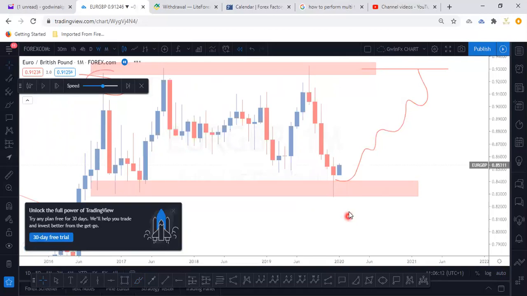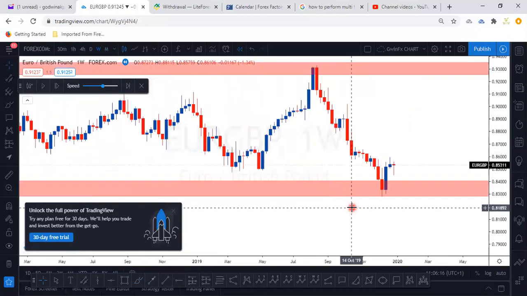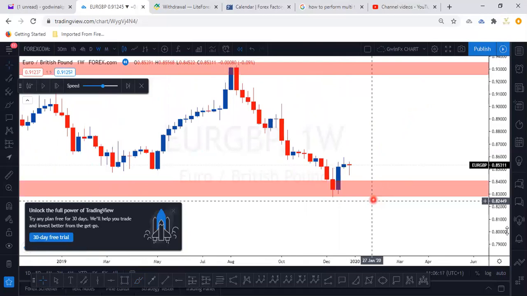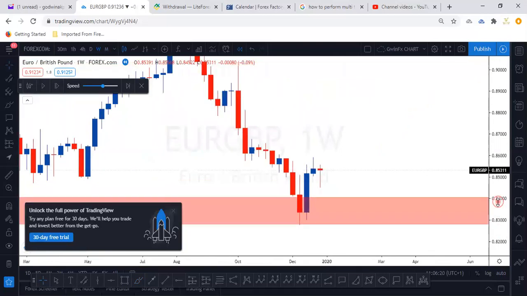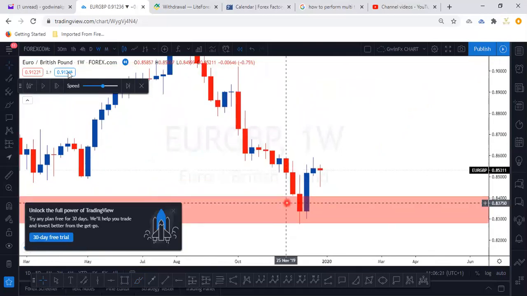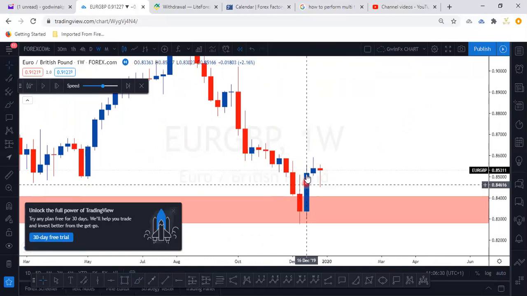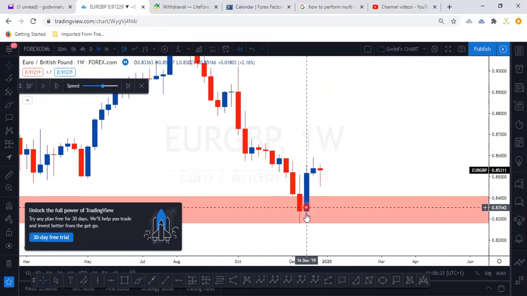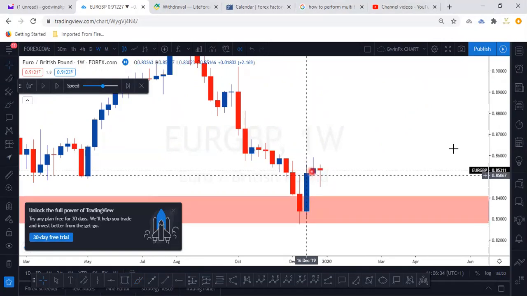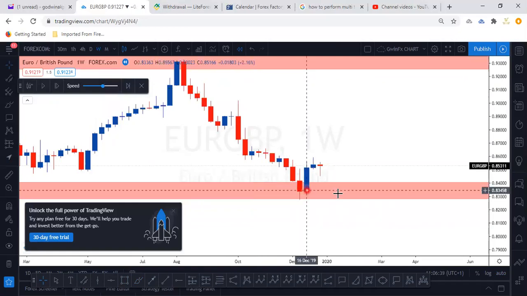I want to wait on the weekly time frame to know where my entry point is going to be. On the weekly, I have an indecision candle followed by a strong bullish candle. After a huge trend here, I would expect price to expand.